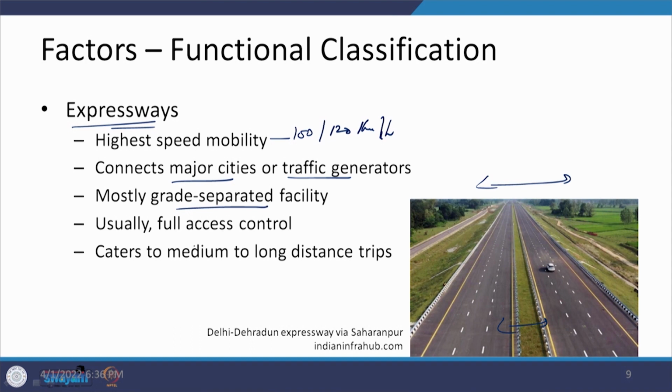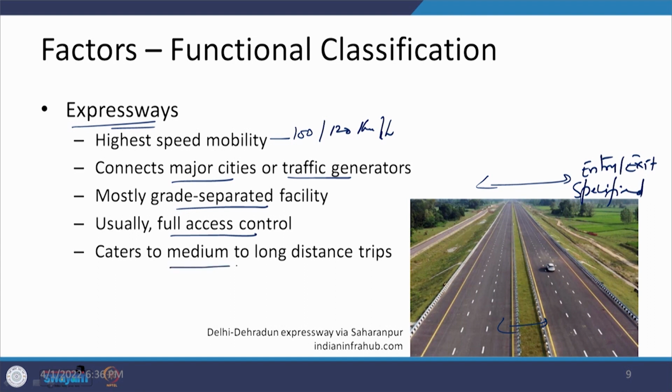Then full access control is being provided, that means the entry or exit is specified. So, you will find that there are specified locations from where you can get in or you can get out of these systems. That is what we are talking about, and we are not allowing anything else to happen on this road which otherwise you may be seeing in an urban area.